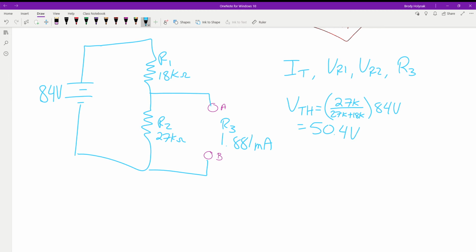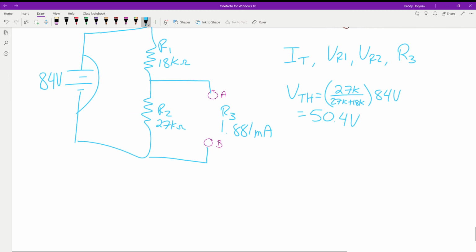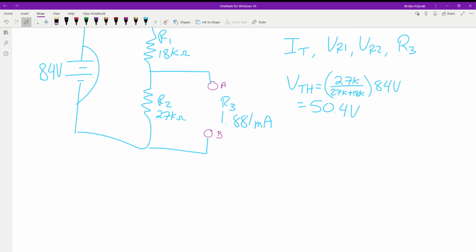Okay. Our R Thevenin, we're going to short the supply and calculate the resistance based on this. So what is the formula to solve for the resistance of AB? Correct.